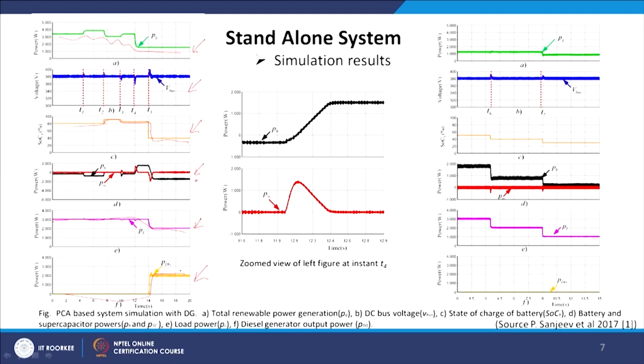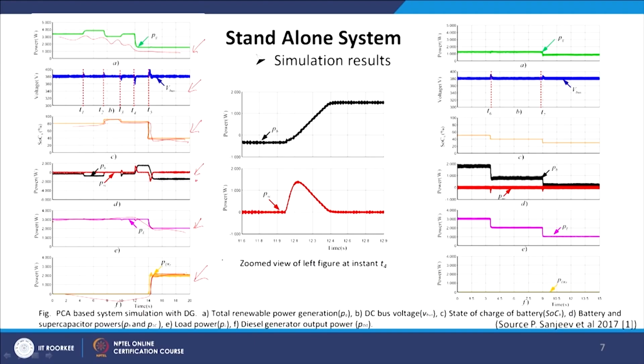Now, one very interesting thing I would like to tell you here: when the state of charge of the battery is low, we can clearly see the diesel generator is operating at its maximum capacity, because certainly it is active, because the battery is not able to meet the load.